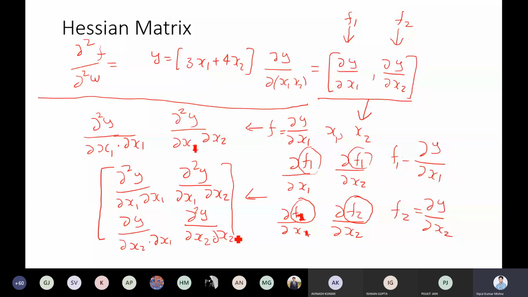So this particular part will become your Hessian matrix.